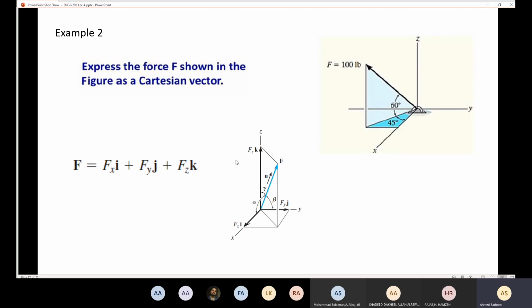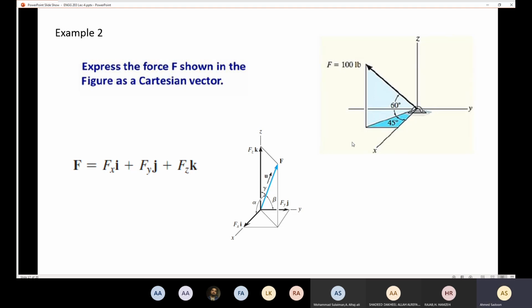In order to do that, I'm going to assume I have axis z and that axis here, let's call it z dash, for example. Then I have x and I have x dash. And I'm going to consider this as a 2D problem. I'm going to resolve the force into z and z dash.